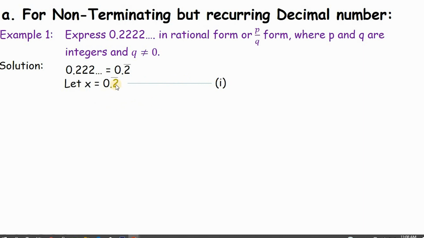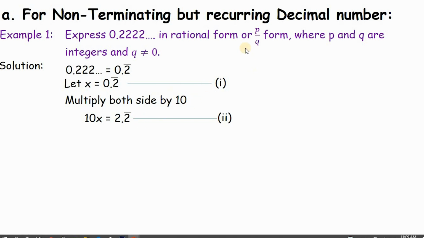Since here one digit is repeating after the decimal point, that is 2, we multiply both sides by 10. When you multiply you get 10x equal to 2.2 bar, and we'll name this equation 2.